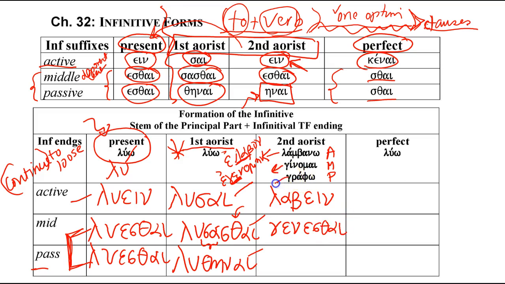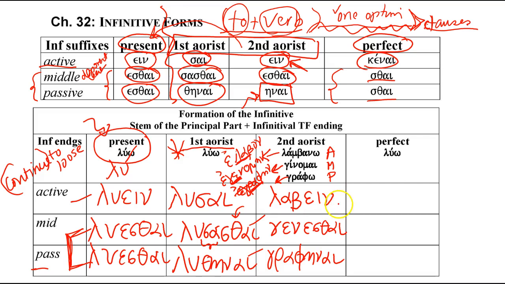And then for grapho, its second aorist passive form is egraphen. So graph is the stem. And so we have graphenai, or to be written. And so let's say labein to receive, genesthai to become, and graphenai, the passive, to be written.